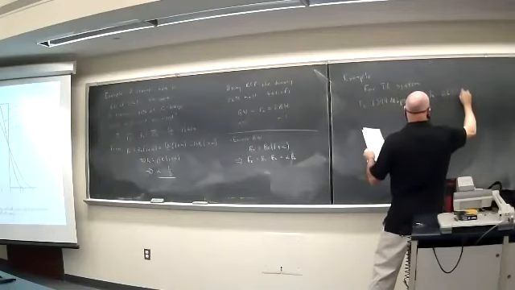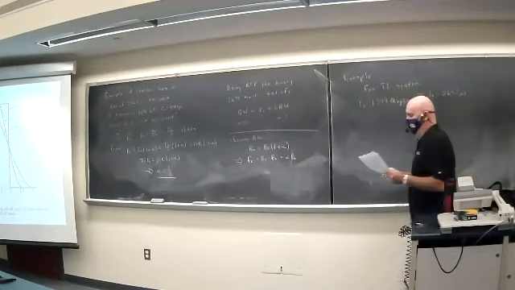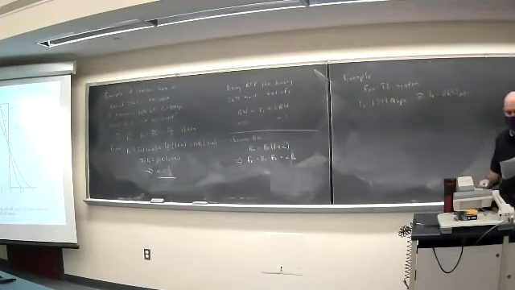The corresponding bit duration would be the reciprocal of that, or 1 over 1.544 megabits per second. This used to be considered high-speed internet.